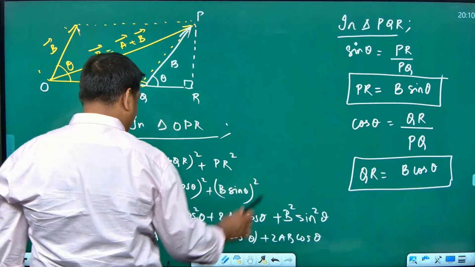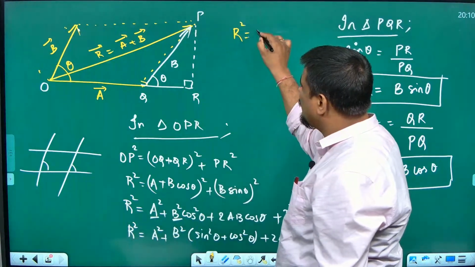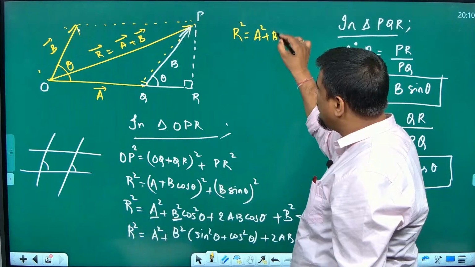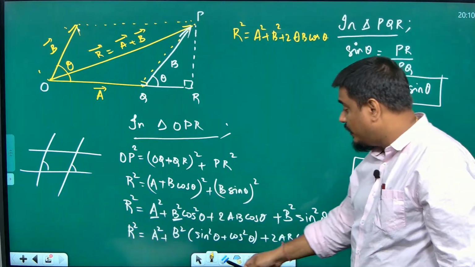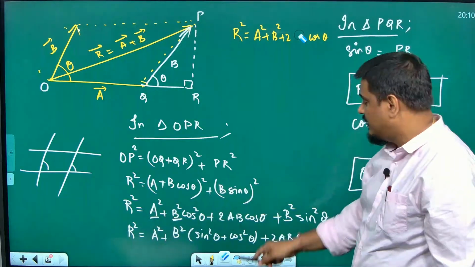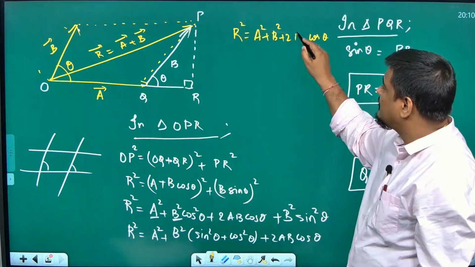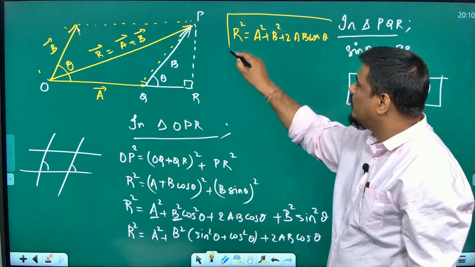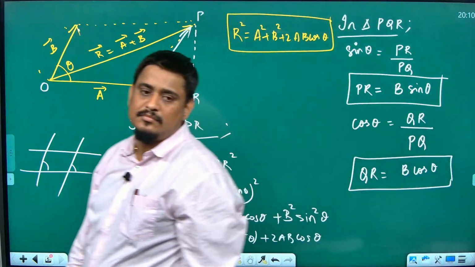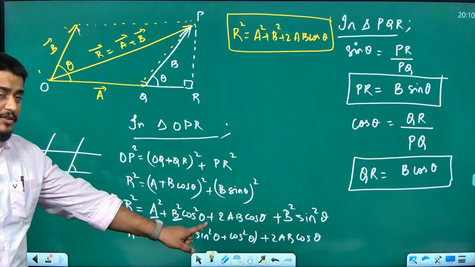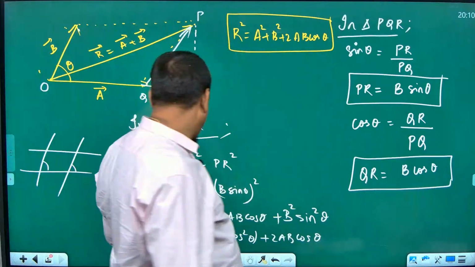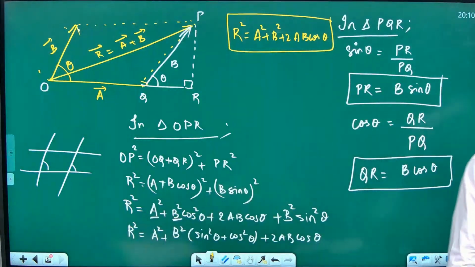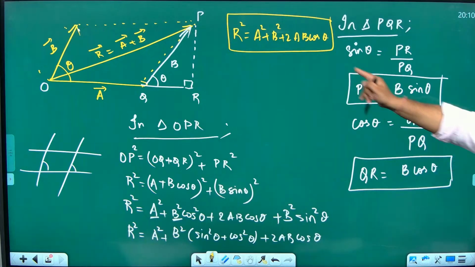R square is equal to A square plus B square plus 2ab cos theta, because I hope everybody remembers from your 10th standard that sin square theta plus cos square theta is equal to 1. So we are going to have A square plus B square plus 2ab cos theta. Any problem in this? No, sir. We have found the magnitude of the resultant.